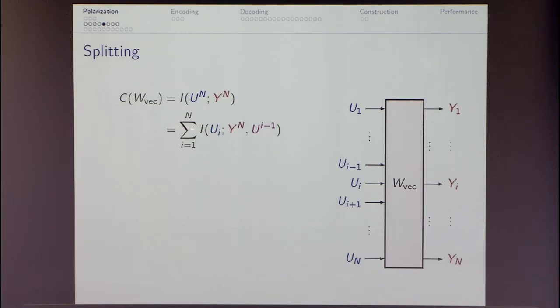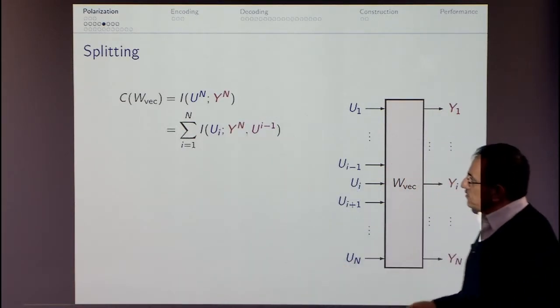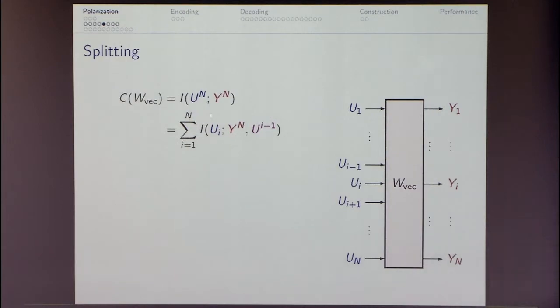It's a binary random variable. So the idea is to define a channel for which this mutual information term is the channel capacity. Okay, so each term here, we must ensure as we split the channel that these terms here correspond to the capacities of various binary input channels. So it's clear what we have to do because it is dictated by the form of these terms.